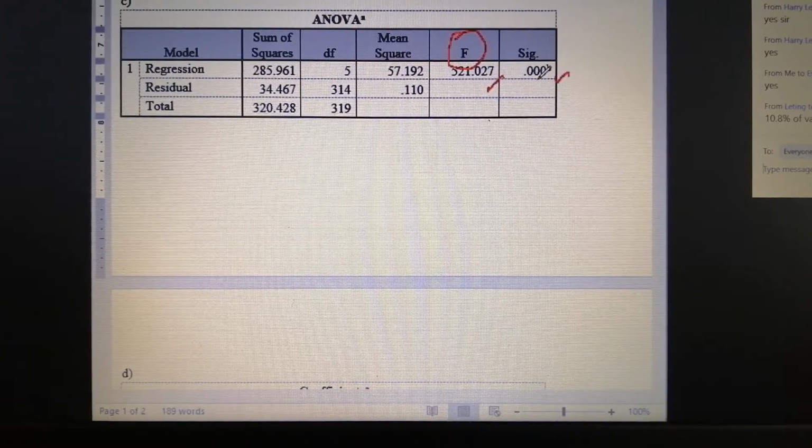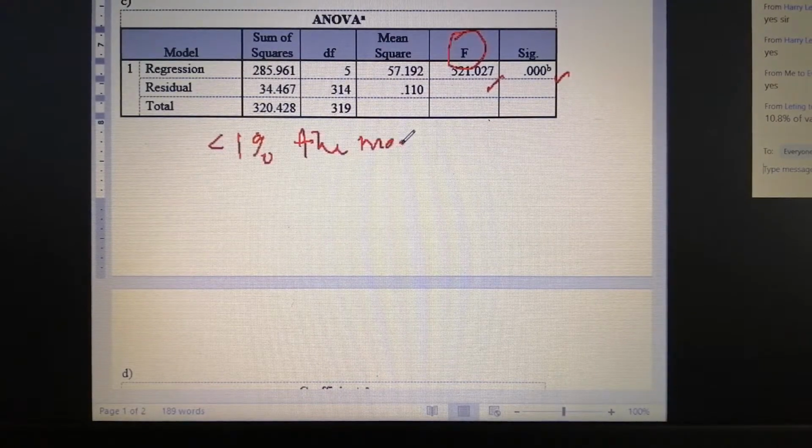You can find the significant value is smaller than 1, so smaller than 1%. So therefore the model, because we're talking about the regression, right? So what should the model represent? And we're talking about the residual as well.